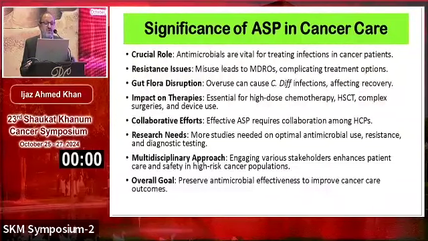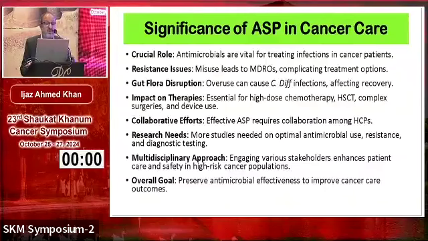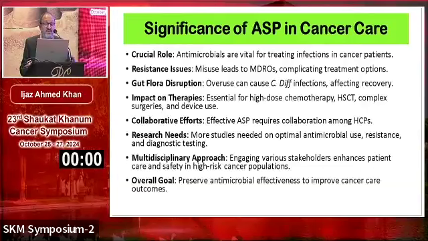So in short, ASP is important. Antimicrobials are important for treating infections. Resistance is a big issue. Then with antimicrobial use, gut microbiome disruption has to be kept in mind. The impact of therapies, including antimicrobials, is also important.